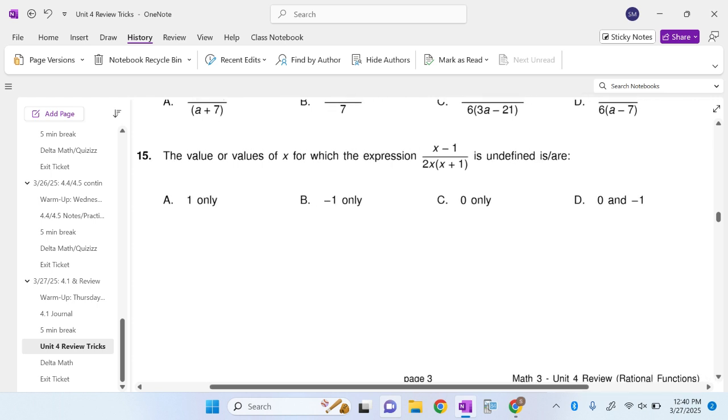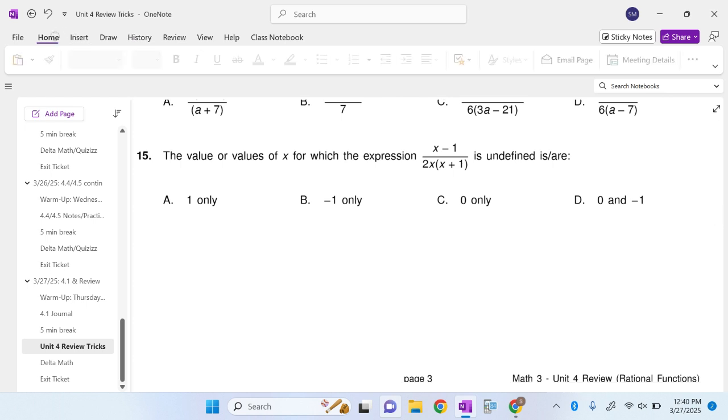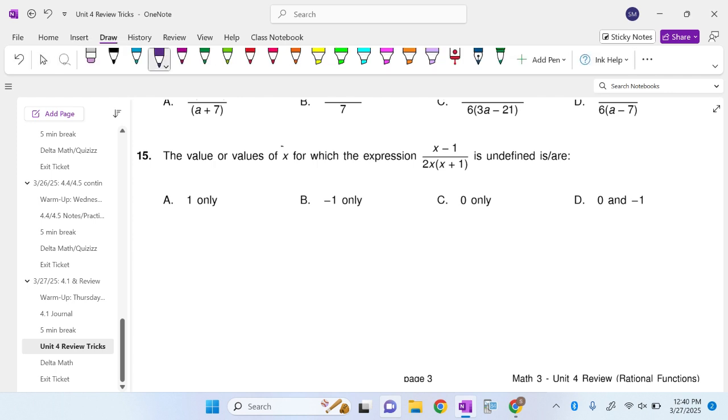Now, what values of x is the expression undefined? So, values of x. With these values of x, you'll do the same thing that we did for vertical asymptotes and horizontal asymptotes.